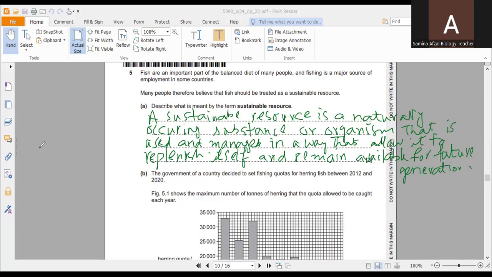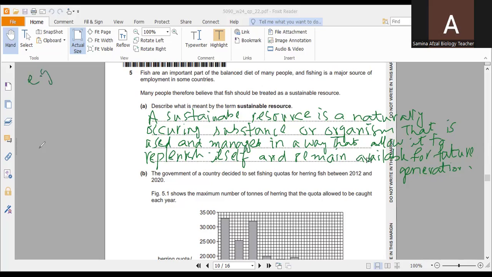Here I would like to give an example of fish. Treating fish as a sustainable resource means managing fishing activities in a way that ensures fish populations can reproduce and maintain their number over time.